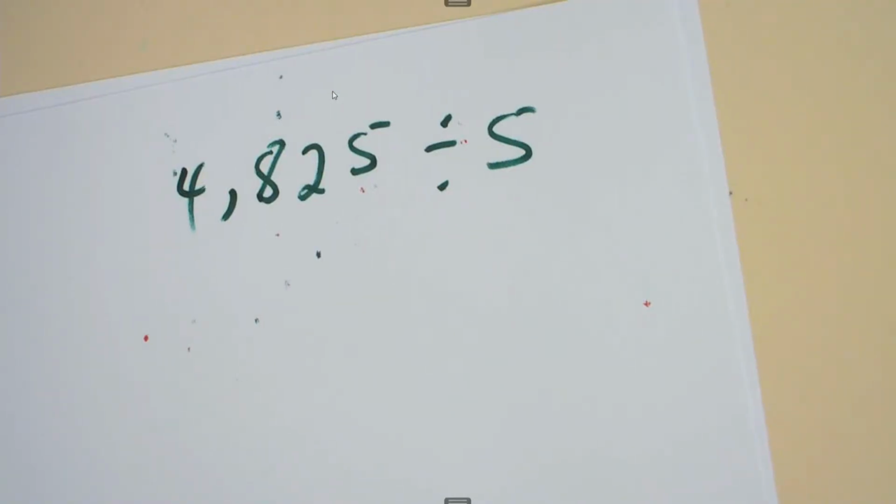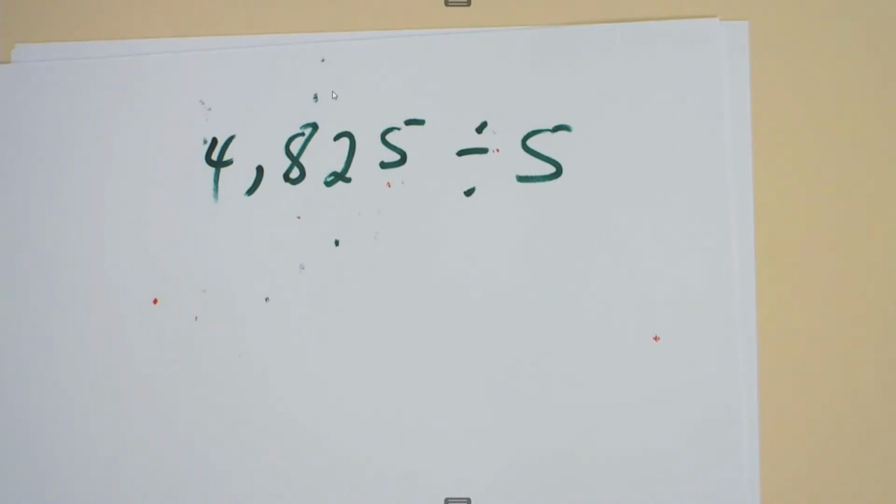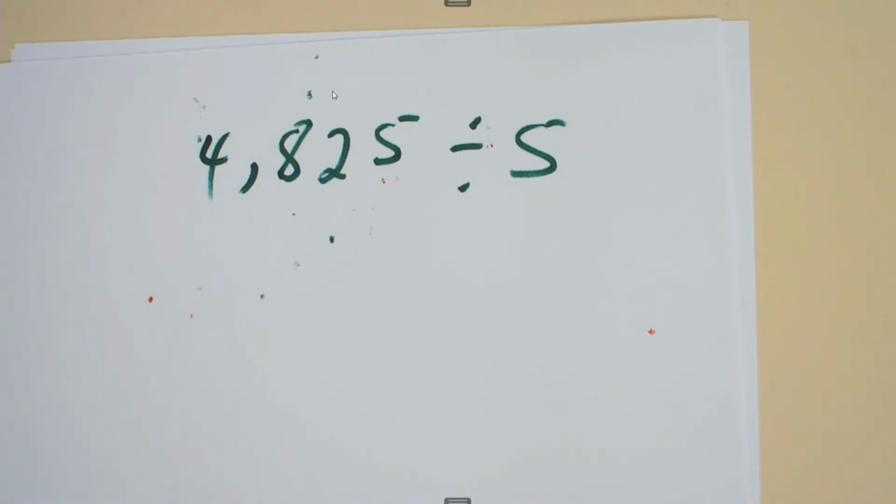We have 4,825 divided by 5. We are going to round it off to 2 decimal places.